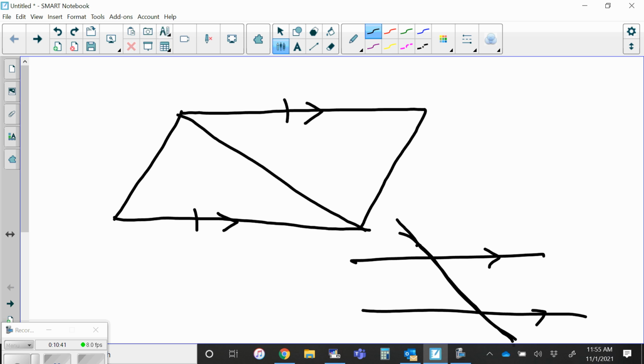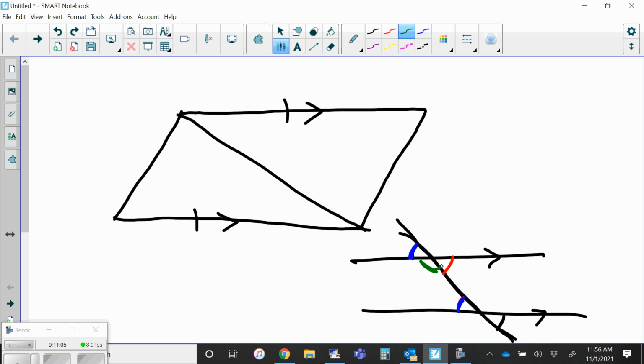And these angles were congruent. What were they called? Alternate exterior. These angles were congruent. What were they called? These angles were congruent. What were they called? They were called corresponding.